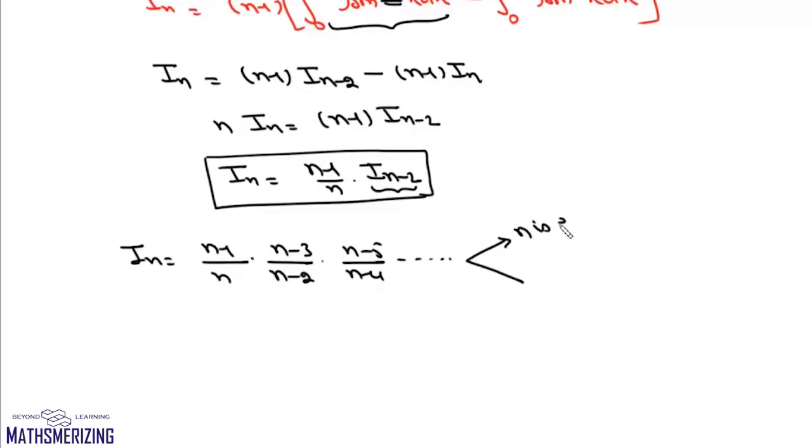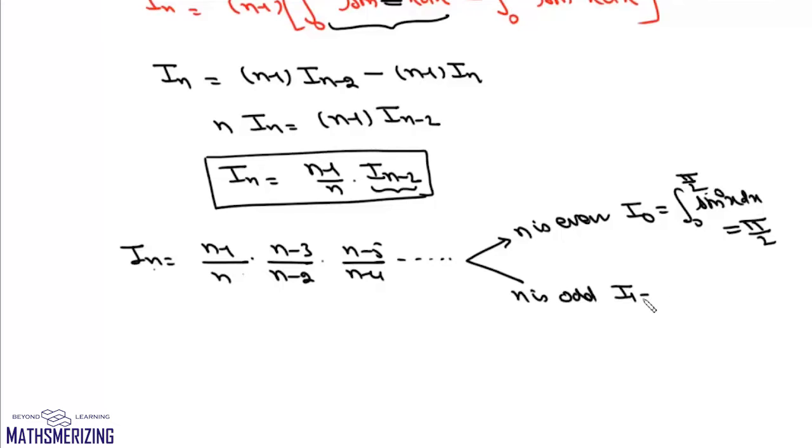If n is even, then the series will terminate at I 0, and I 0 is the integral from 0 to pi by 2 of sine to the power 0 x dx, which in this case will be simply pi by 2. And if n is odd, then it will terminate at I 1, which is the integration from 0 to pi by 2 of sin x dx, which is minus cos x from 0 to pi by 2, and that will be 1.